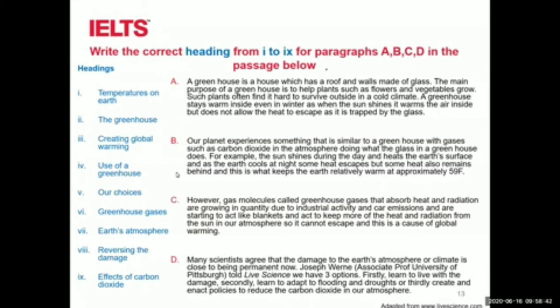The second option is A, words, spelt 1, B, 2, C, 4, D, 3. The third option is A, Roman numerals 1, B, Roman numerals 2, C, Roman numerals 4, and D, Roman numerals 3. Make your choices and we'll have a look at the answers.